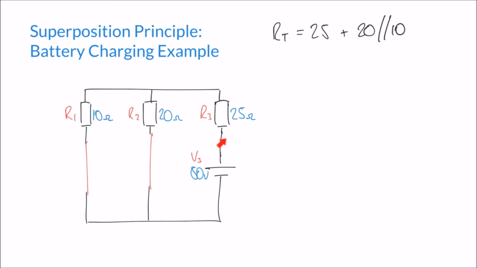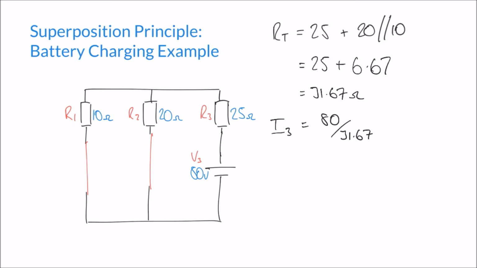We're flowing through the 25, splitting into these two, R1 and R2, which are in parallel, and so we end up with a total resistance of 25 plus those two being in parallel, which is going to be 6.67, which gives me a total of 31.67 ohms. Ohm's law is going to give me I3 this time, and I3 is going to be 80 divided by 31.67. That comes out as 2.53 amps.